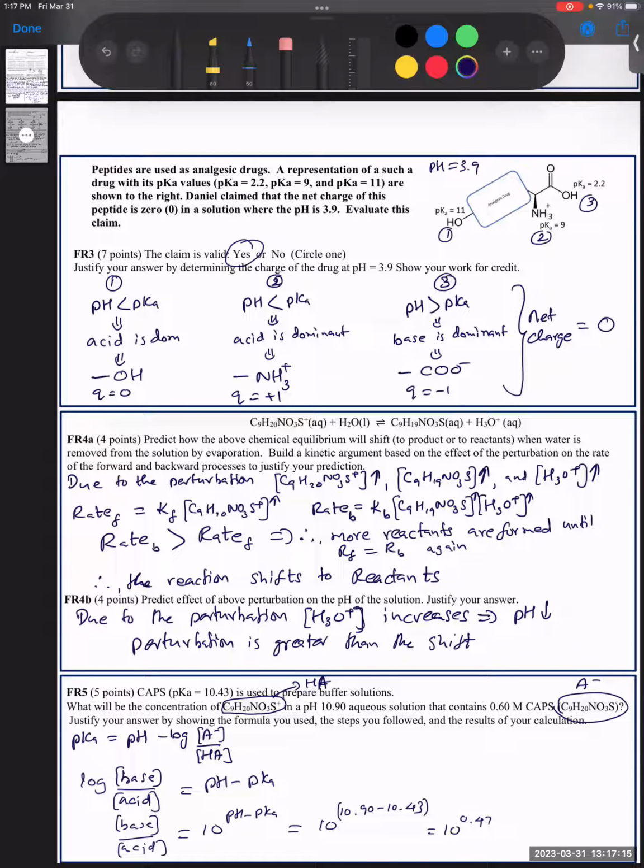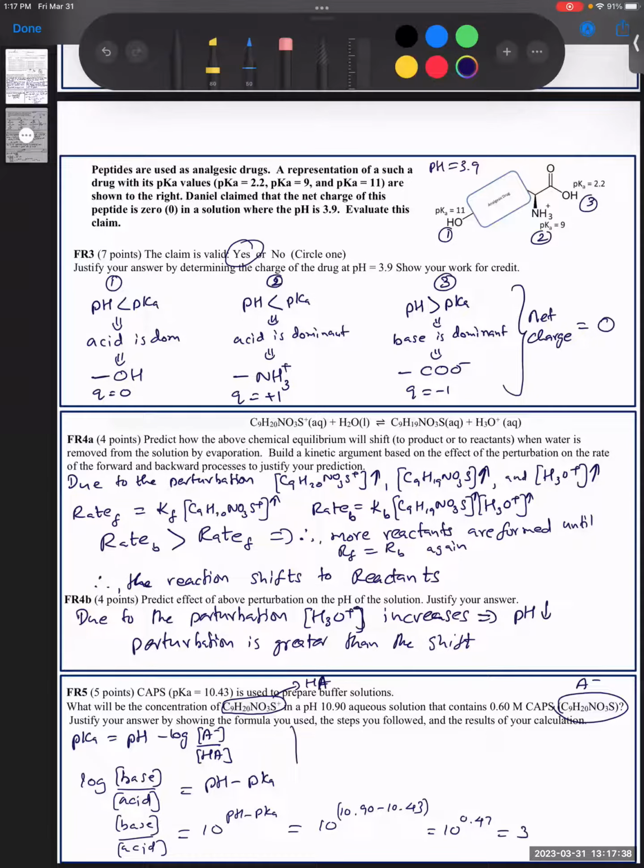So 10 to the power of 0.47 is around 3. Okay, so that means base over acid concentration is 3.